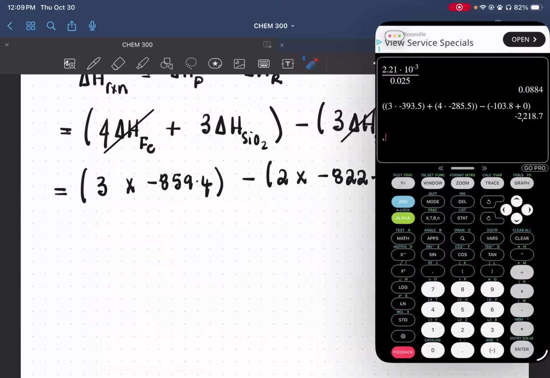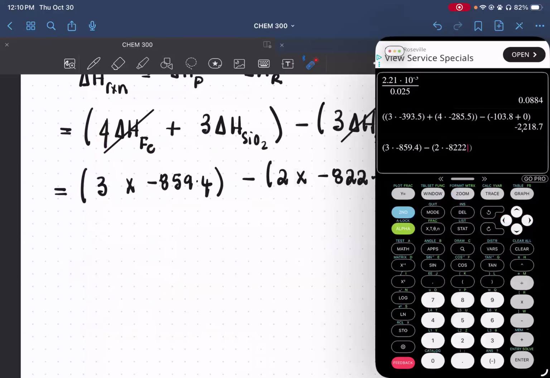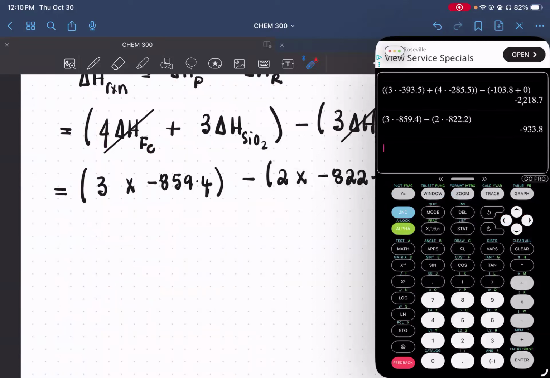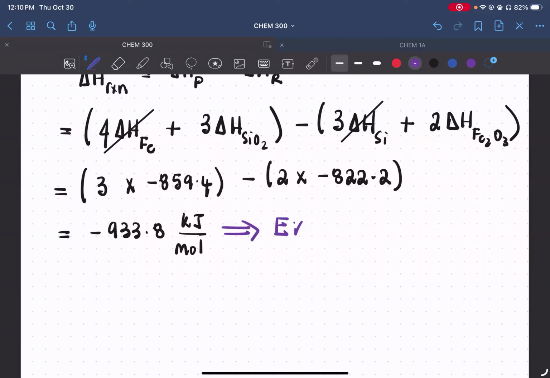Now we're going to plug it into our equation. We have on the left 3 times negative 859.4 minus 2 times negative 822.2. When we plug it into our equation, we've got a very nice, easy negative 933.8 kilojoules per mole. And of course, the one thing we can immediately say about this reaction is that it is an exothermic reaction.